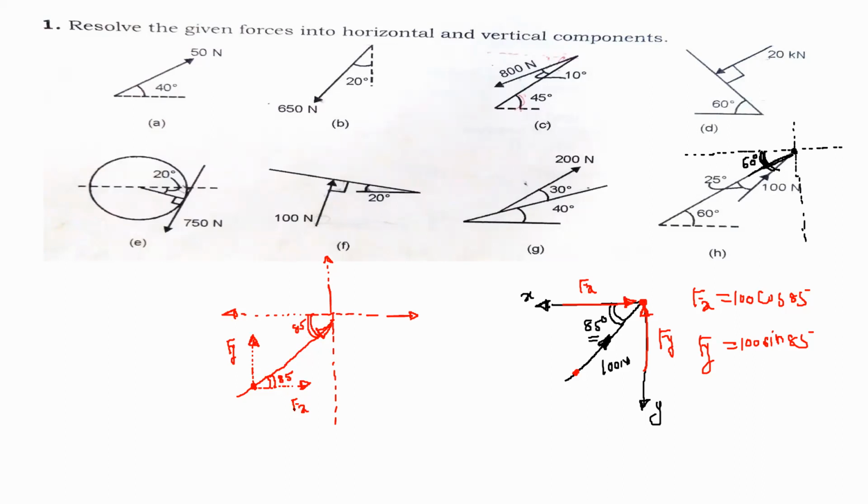Therefore, from this construction, we can write Fx is equal to F cos 85, because 85 is adjacent to the x-axis, and Fy is equal to F sin 85. So you can find the exact answer. F is 100 Newton, so 100 cos 85 and 100 sin 85, and both are directed towards the positive x and positive y direction, therefore it is positive.